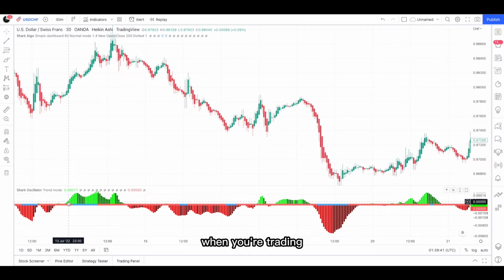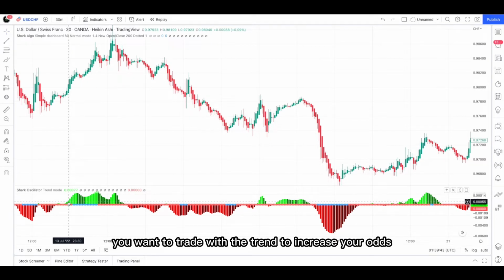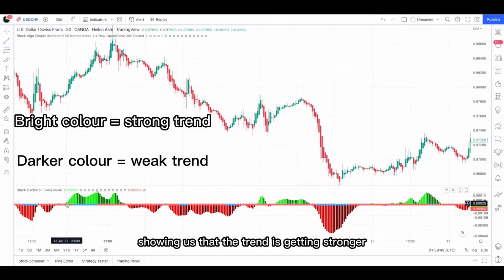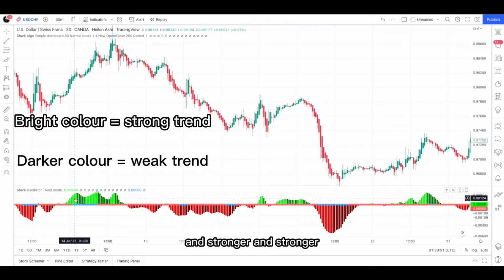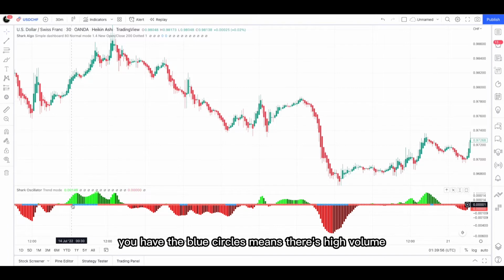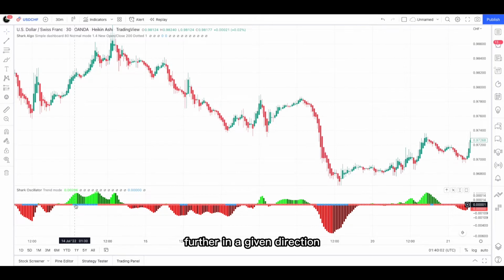Remember, when you're trading, you want to trade with the trend to increase your odds of winning. It's all about probability. We have this amazing information here showing us that the trend is getting stronger and stronger. The bright green means it's strong. And when you see the blue circles below, that means there's high volume, meaning you can expect the price to continue to move further in a given direction.